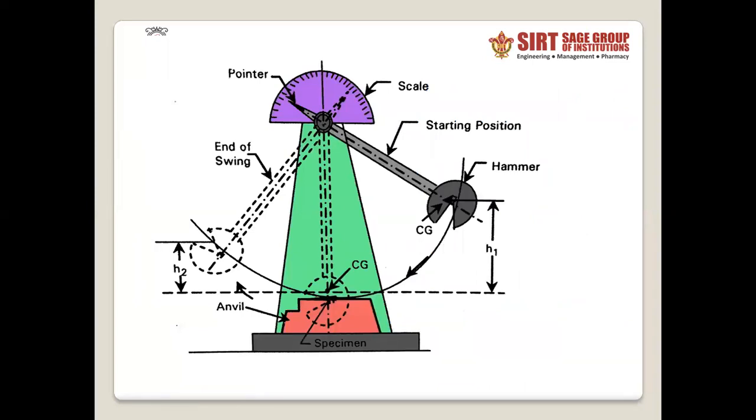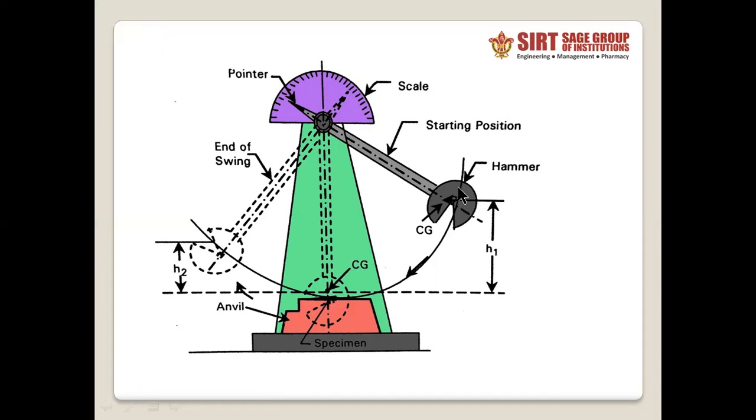So this is a schematic diagram of the impact testing machine. The scale gives the energy of the pendulum hammer. You see, when we raise the pendulum to a certain height, a stopper stops the pendulum at that height. Suppose it stops at height h1, it has certain potential energy. When it moves down and follows its path, it encounters the specimen, which is firmly fixed here.